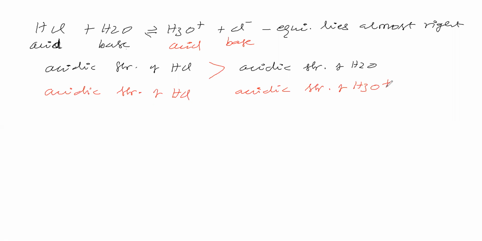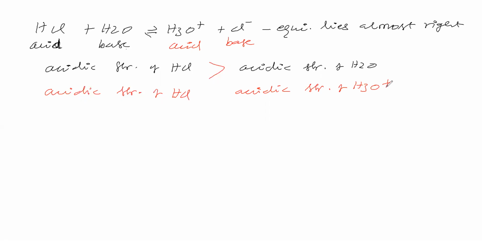Now, as per forward, HCl is an acid. As per backward, H3O plus is an acid. Now we will compare acidic strength of HCl and acidic strength of H3O plus. Which is having higher acidic strength?